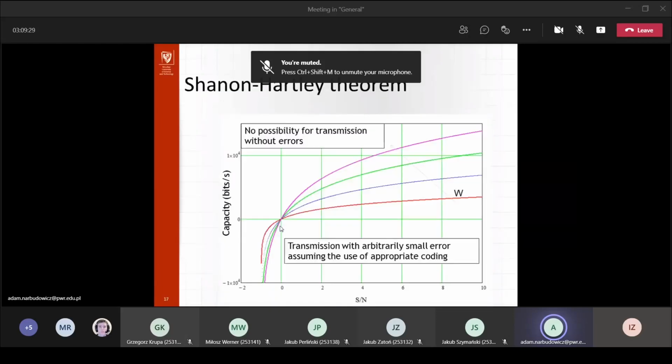Now, another important thing is that what this Shannon-Hartley theorem tells you is only a theoretical limit of what's possible and what's not. Similarly as with the entropy, it tells you what is possible. However, it doesn't tell you how to achieve that. This Shannon-Hartley limit can be reached if you use perfect coding.